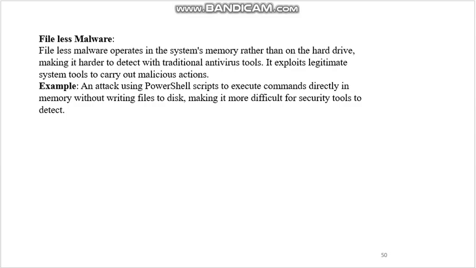Fileless malware operates in the system's memory rather than on the hard drive, making it harder to detect with traditional antivirus tools, and exploits legitimate system tools to carry out malicious actions. The example is an attack using PowerShell scripts to execute commands directly in memory without writing files to the disk, making it more difficult for security tools to detect.